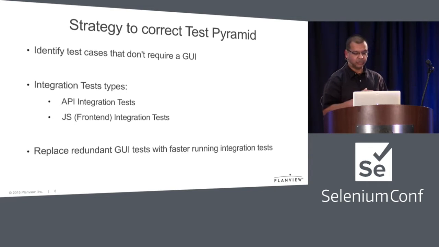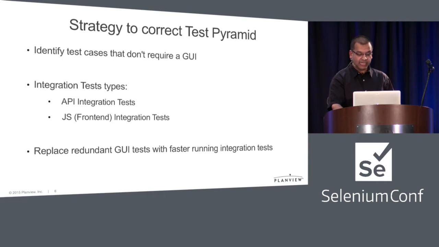So here is a snapshot of how we went about achieving this goal. We started by identifying the test cases that don't require loading the complete application in the browser. I have some examples in the later slides. By doing this, we realized that these test cases can be covered by faster running integration tests.